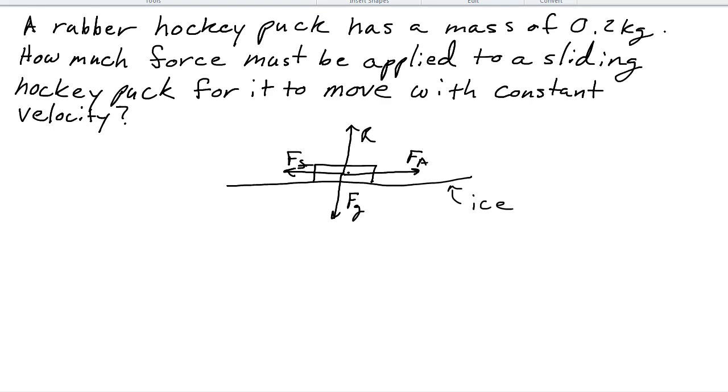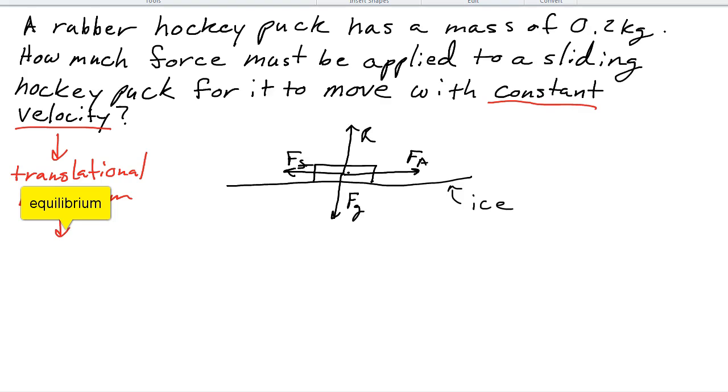Okay, so first things first, when we look at this problem, we see these really important keywords: constant velocity. Anytime you see the words constant velocity, or anytime you see the words at rest, I want you to think about translational equilibrium.